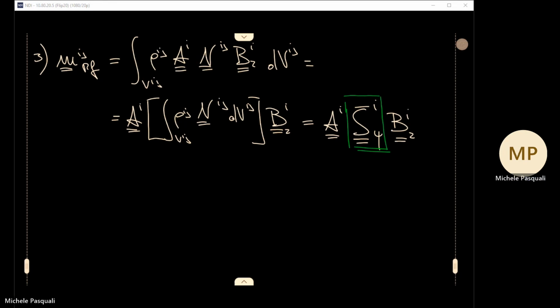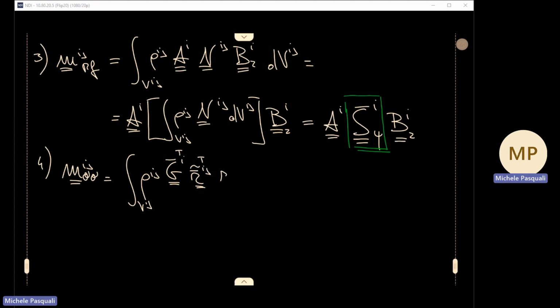Four, theta theta. We bring out again the non-space dependent quantities.